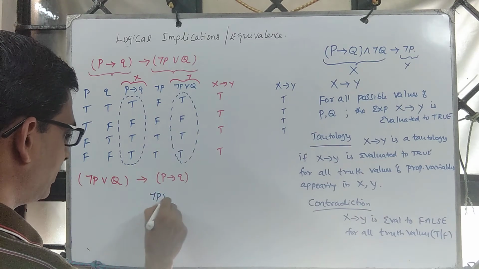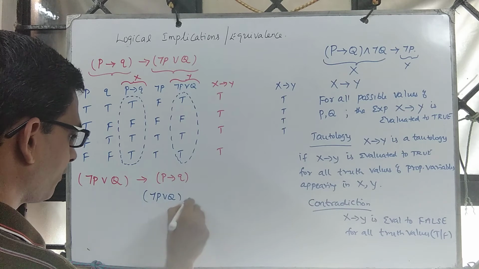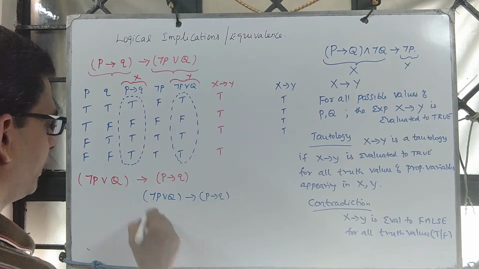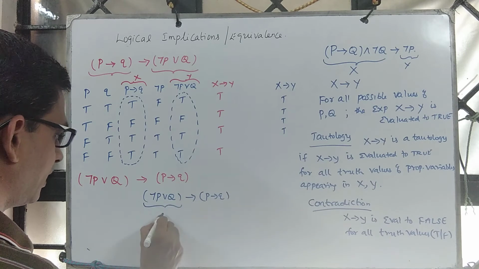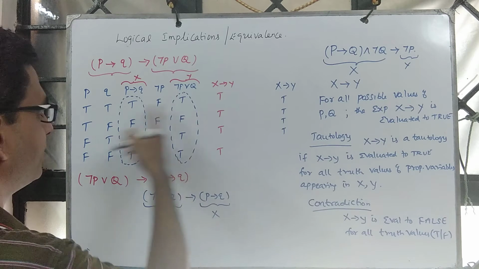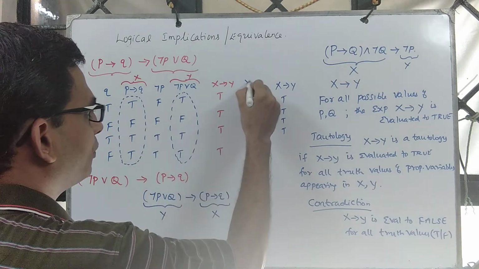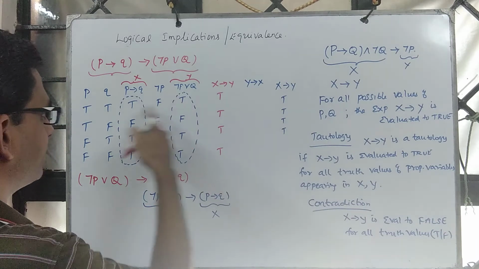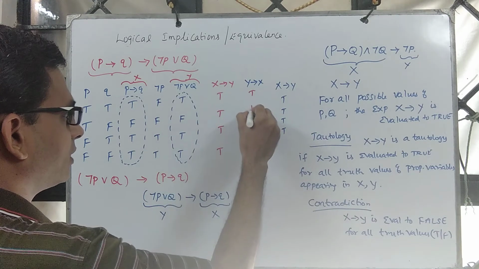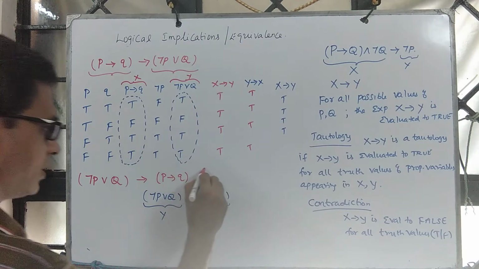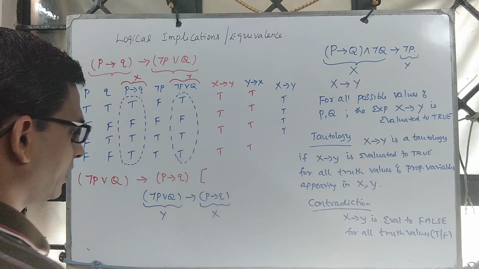If you look at negation P or Q implies P implies Q, let me call this one Y and this one X. Now look at Y implies X. We see that it is true everywhere, which means this one is a tautology.